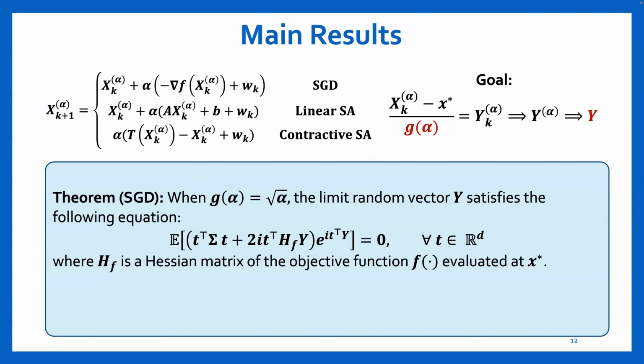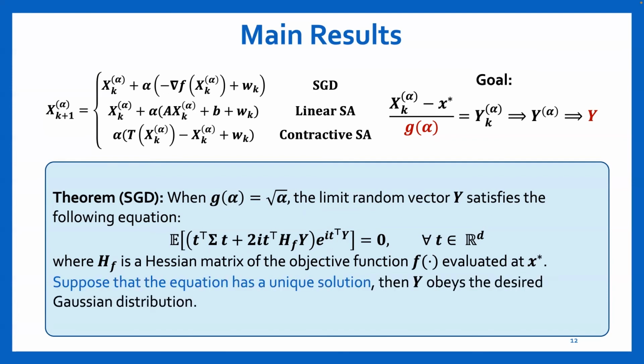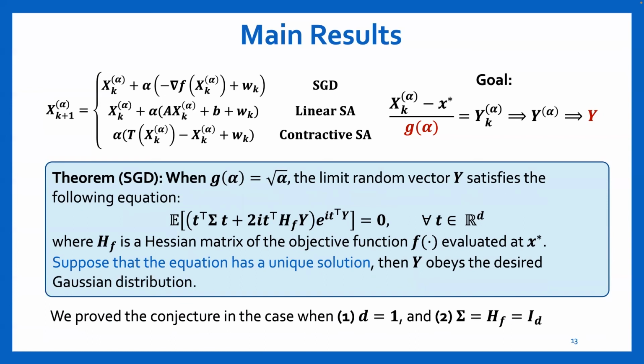Okay, so if the solution to this equation in terms of the distribution of y is unique, then we show that y obeys the desired Gaussian distribution. This uniqueness is currently imposed as an assumption here, but we conjecture that it should hold. We actually show this assumption in several special cases.